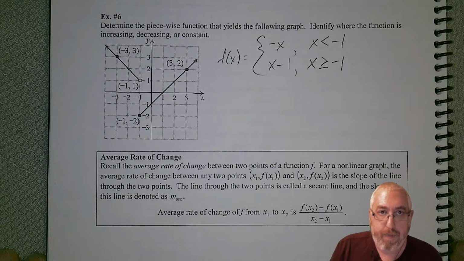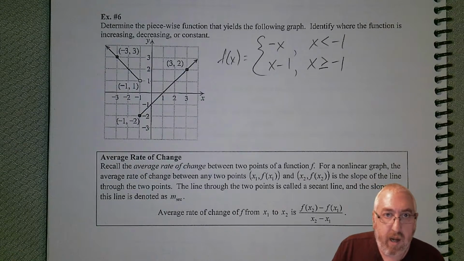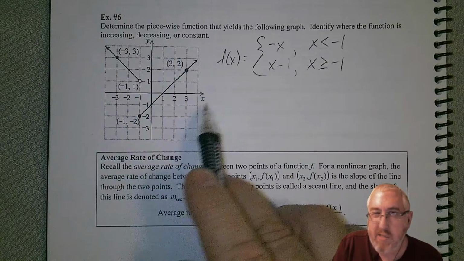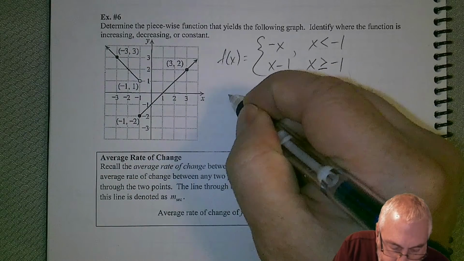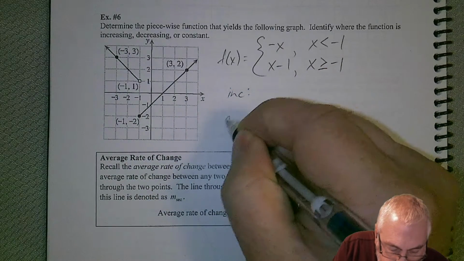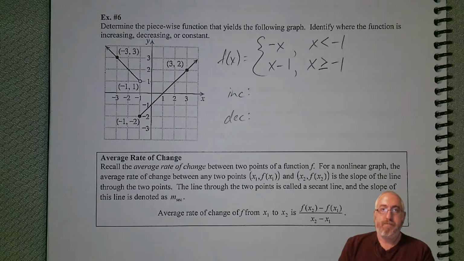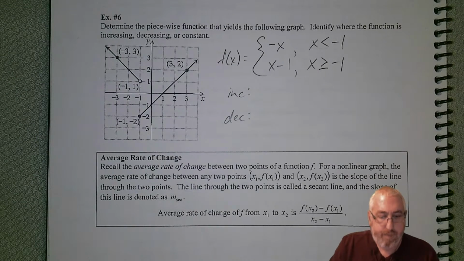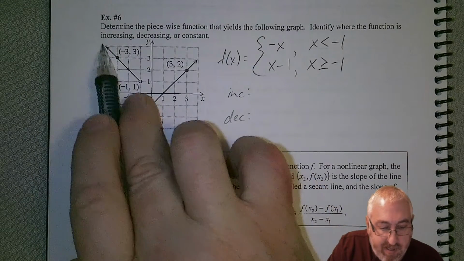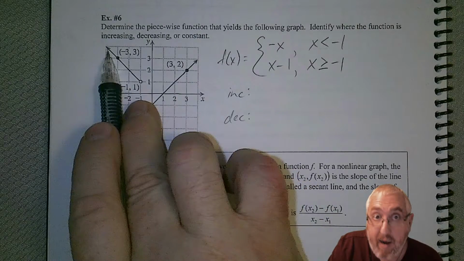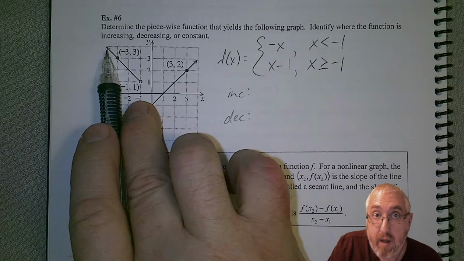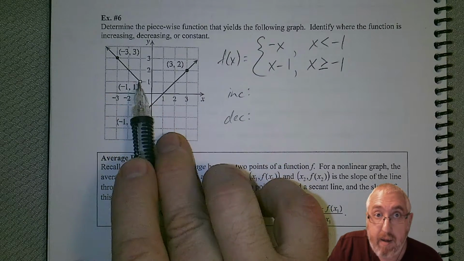And so increasing, decreasing, constant, we can kind of see there's nothing constant going on, so we just have the increasing and the decreasing. So what would be those intervals? Well, we can see that it's decreasing, again, all the way to negative infinity, but it stops at negative 1.